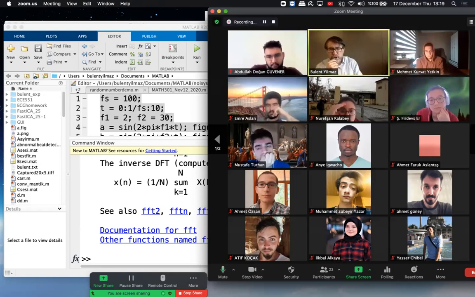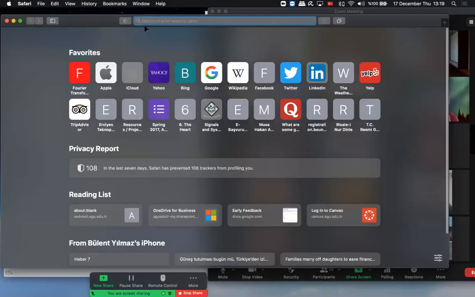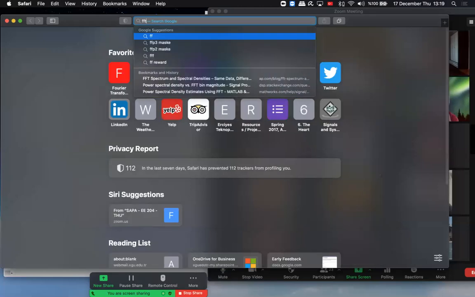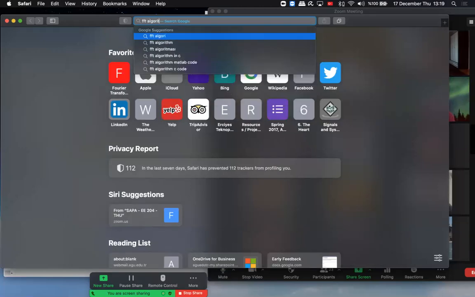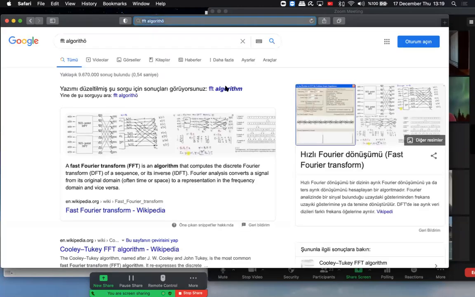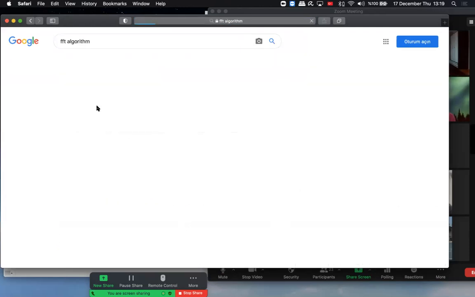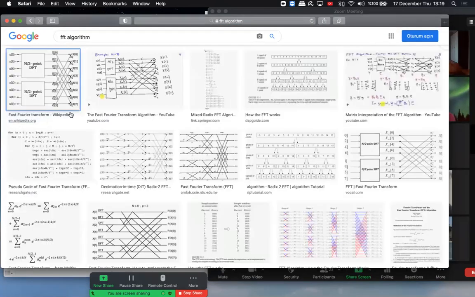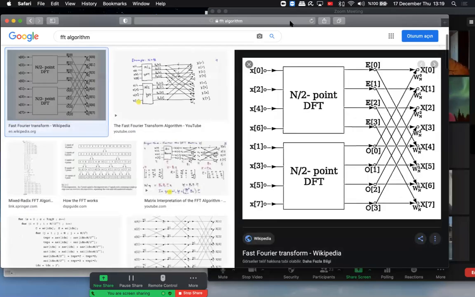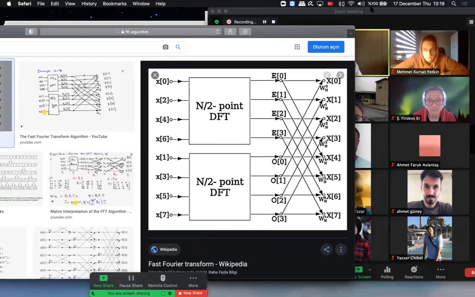Like if you check the FFT algorithm, can you see that arkadaşlar?